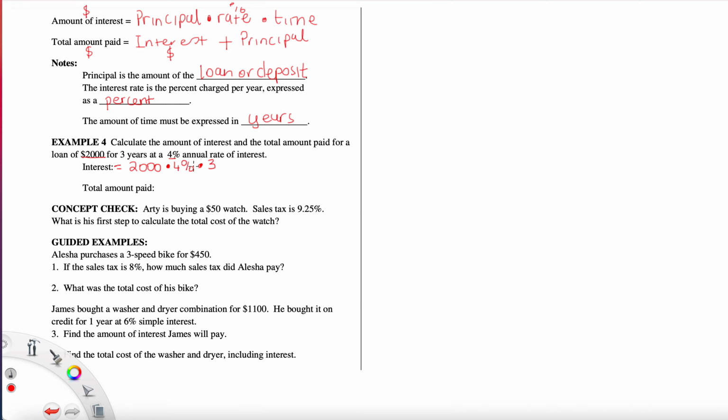Now we want to convert this percent into a decimal. So you're going to say 2,000 times 4% is 4 divided by 100, which is 0.04, times 3.